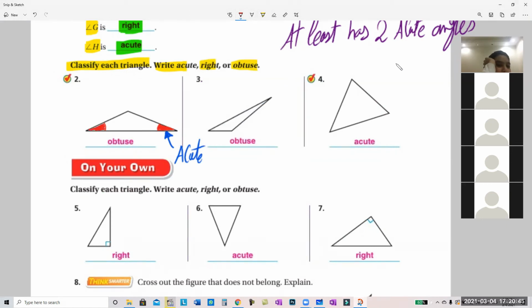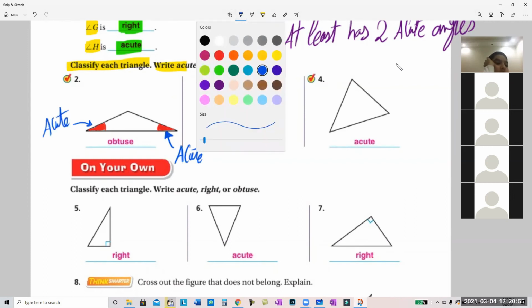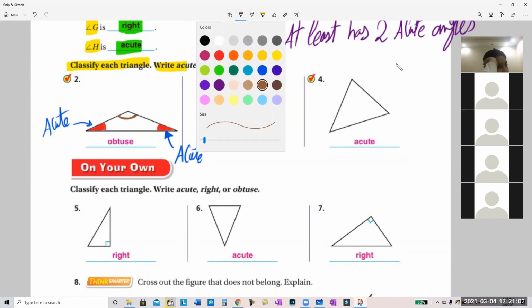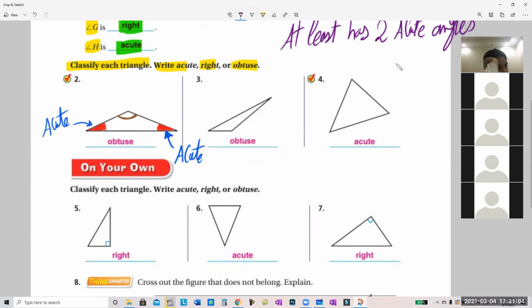Acute. We have another acute angle here. Yes. Okay, can you tell me the last angle here? Obtuse. Obtuse, because we have a big space between the two rays, so it will be obtuse.